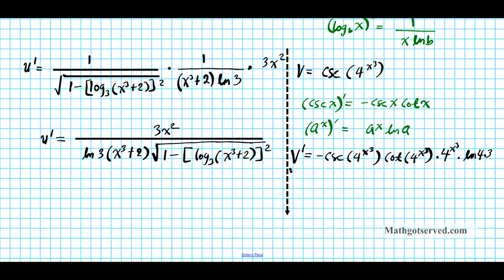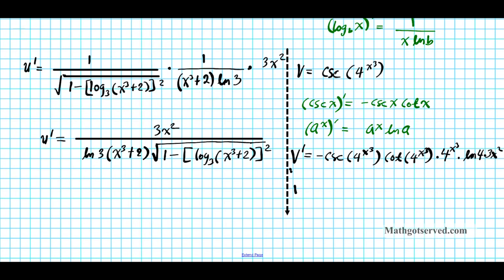All right, so let's go over what we just did again. We differentiated cosecant first to get cosecant and cotangent, holding the inner function 4 to the x to the third fixed, and then we differentiated 4 to the x to the third using the exponential rule. So we had a to the x ln a, so this is a to the x, the original problem, times the natural logarithm of the base, which is 4, and then using the power rule for x to the third, we have 3x squared.